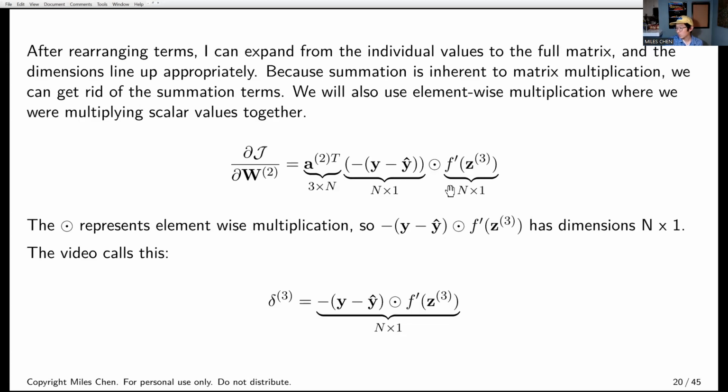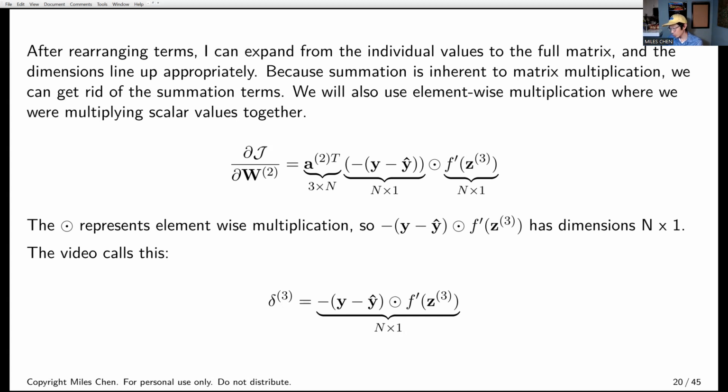So here I'm going to do what's called element-wise multiplication. I'm going to put in this operator, this circle dot, which is just a made-up operator indicating we are doing element-wise multiplication. We're cheating a little bit, but not really.